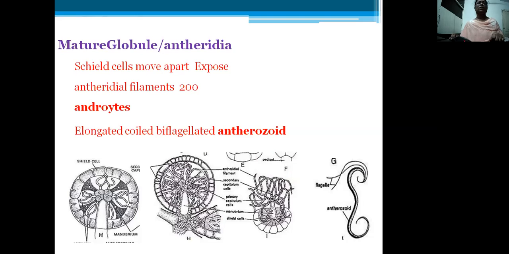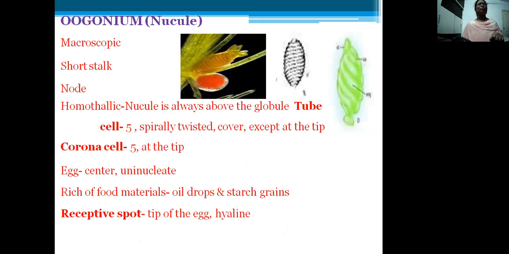During fertilization, the outer shield cells move apart, and the antheridial filaments with antherozoids come out. They are also called androcytes. They are biflagellate, biciliate antherozoids, elongated and spiral.